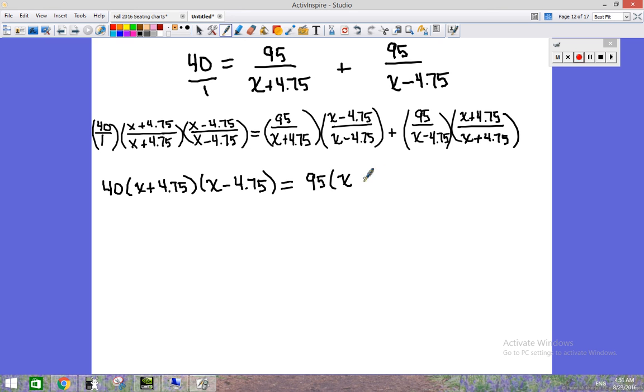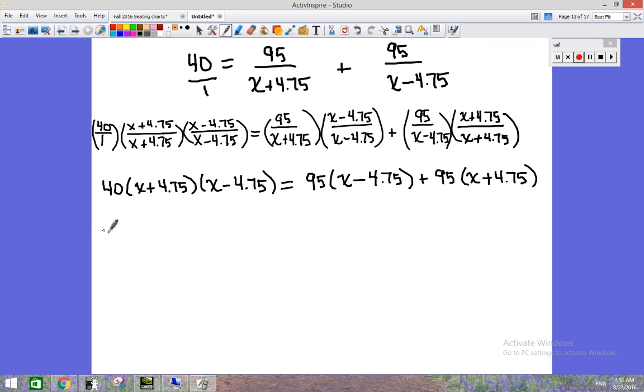And here we can see that we're going to have two of these 95x's, but the minus and the plus are going to cancel each other out. And that guy's a plus.